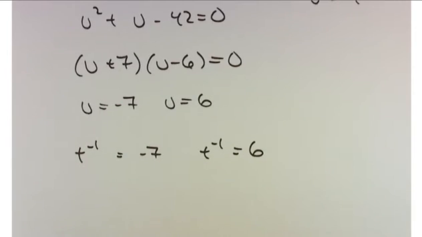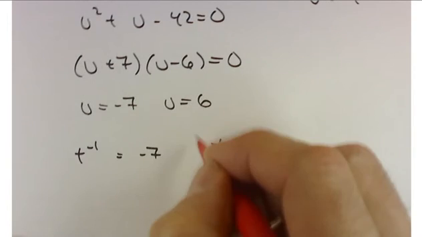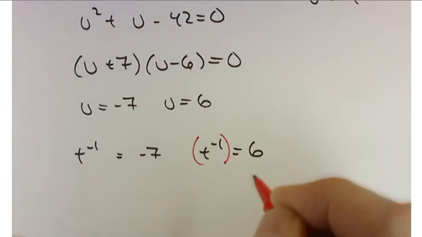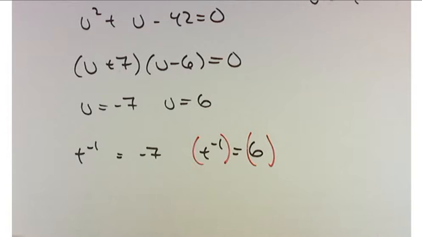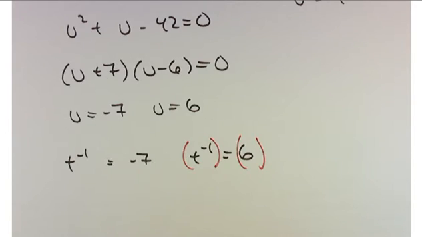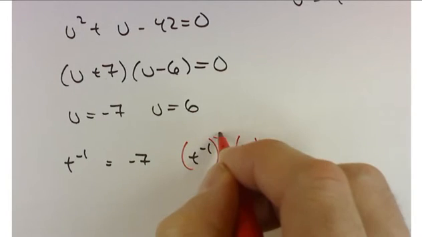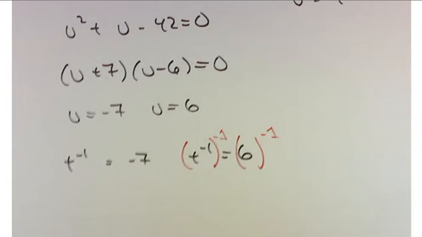Now, negative 1 is kind of an oddball in terms of how it works out, but negative 1 is its own reciprocal. So if I wanted to raise both sides to the reciprocal power, the reciprocal of negative 1 is negative 1. So I'm going to raise both sides to the negative first power.